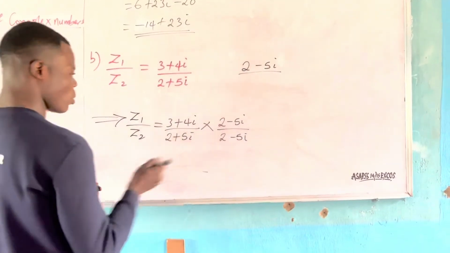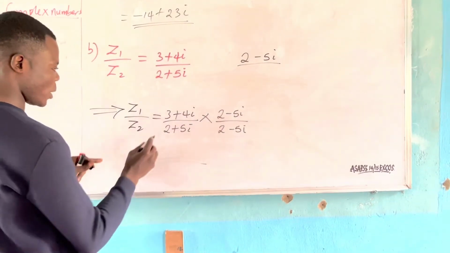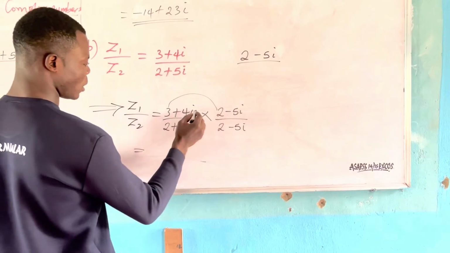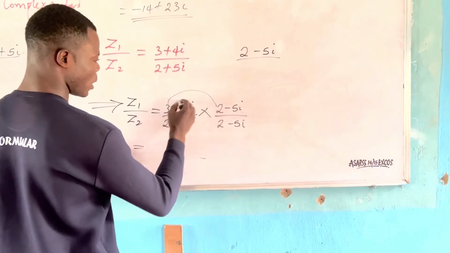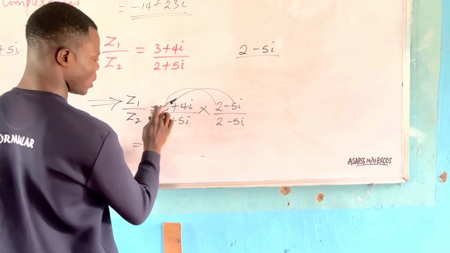So here we are going to have 3 times this and times this again. We are multiplying it by this.